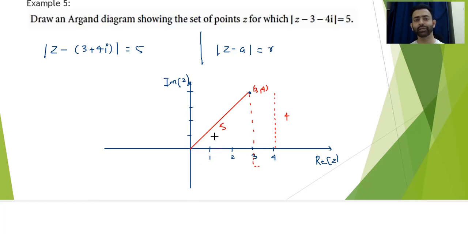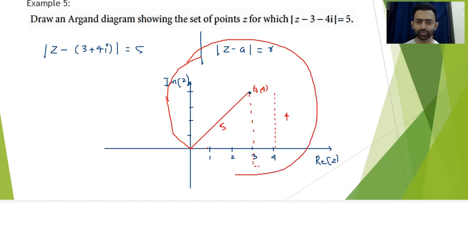And the radius is also 5. So definitely it will pass through the origin, right? So now I have this 5, and this has 5. Now I can draw better, because I know a point of intersection, which is that it will pass through the origin. Okay, so something like this it will look like.